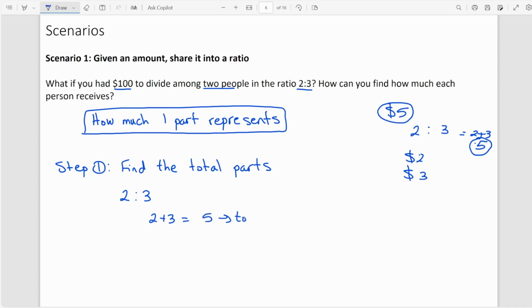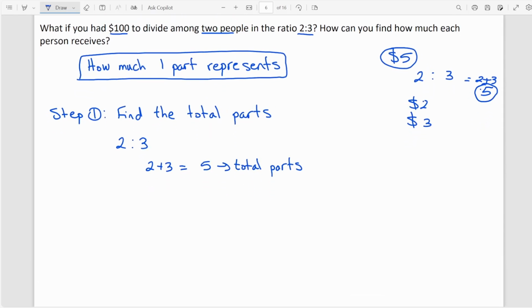This is the total parts. All right. Now, step 2 is to actually find how much one part represents.